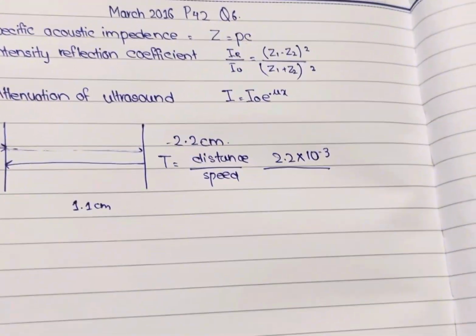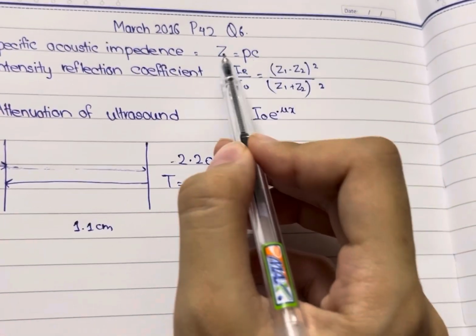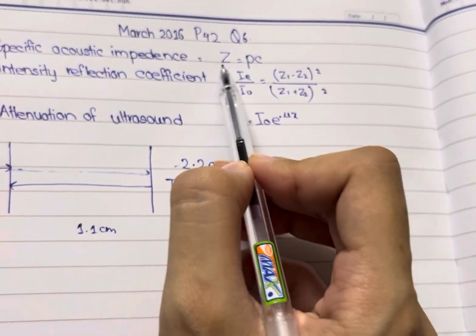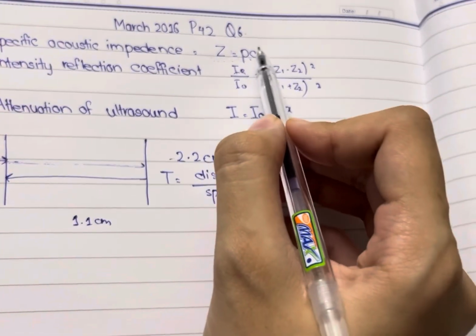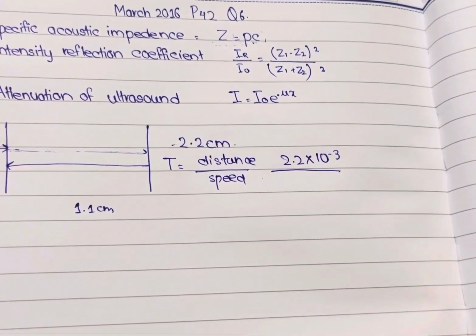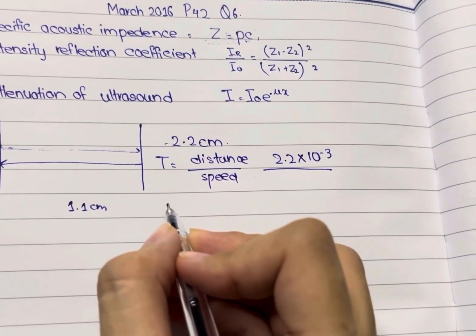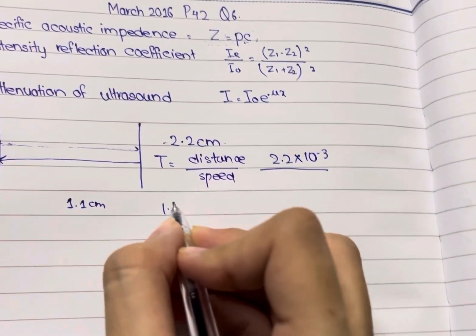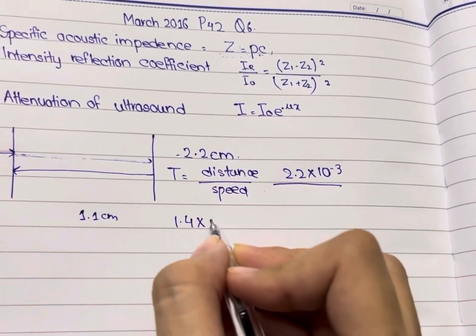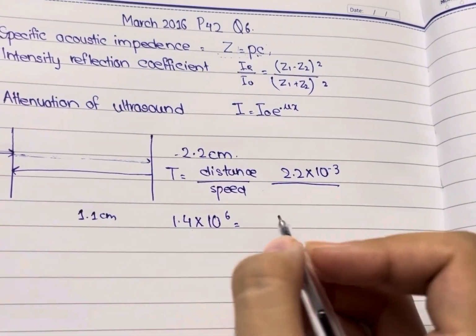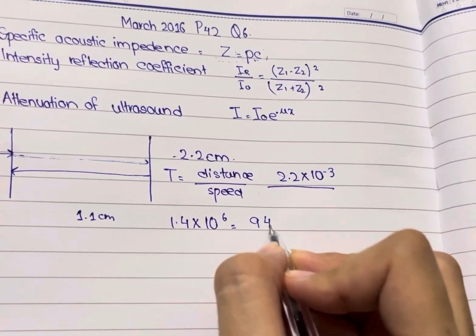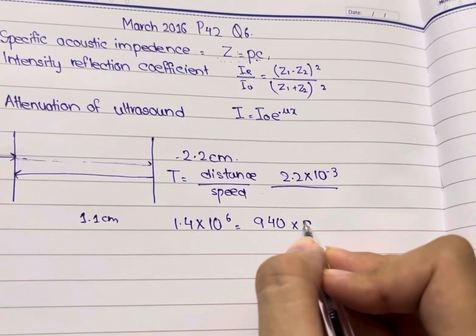We can use this formula right here. We have the Z, we have the density, and since C is the speed, we can find C from there. The Z given to us in the question is 1.4 times 10 raised to the power 6. Density is given to us as 940, and we just have to find C from there.